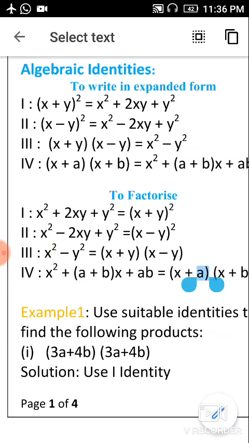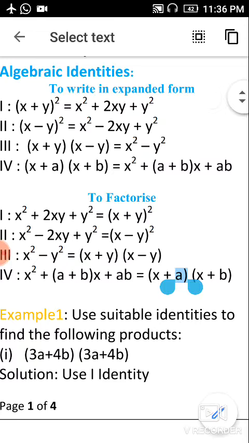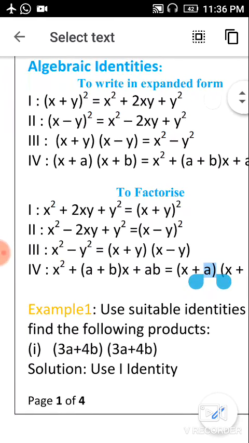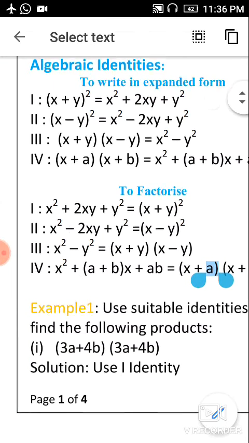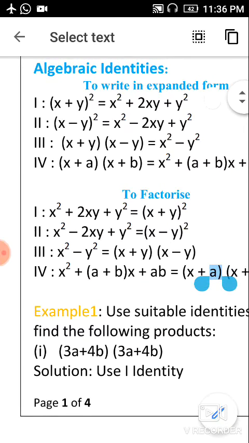Third identity, x square minus y square equals (x + y) into (x − y). And fourth identity, x square plus (a + b) into x plus ab equals (x + a) into (x + b). Now, how can we know which identity we have to apply to factorize?